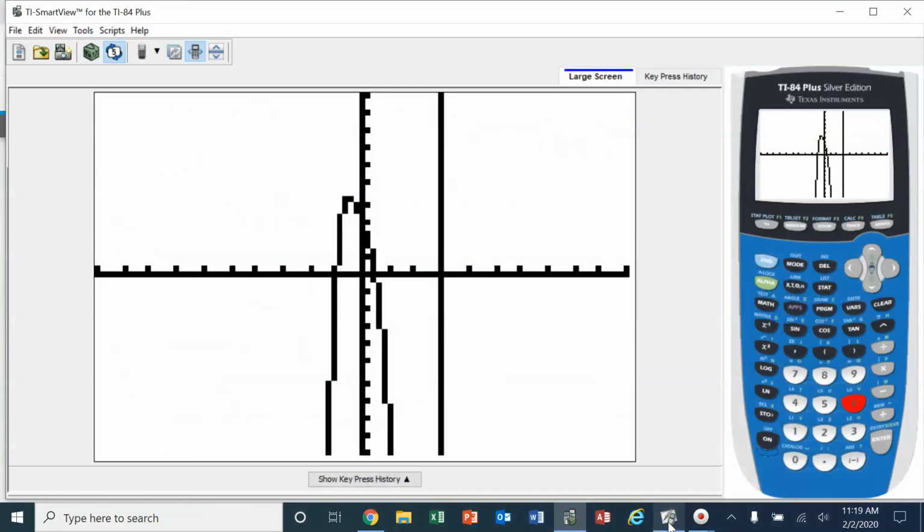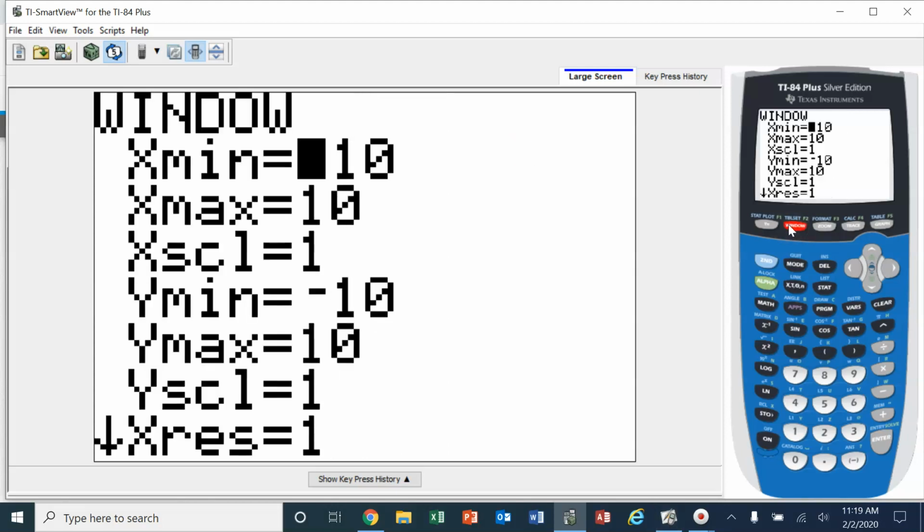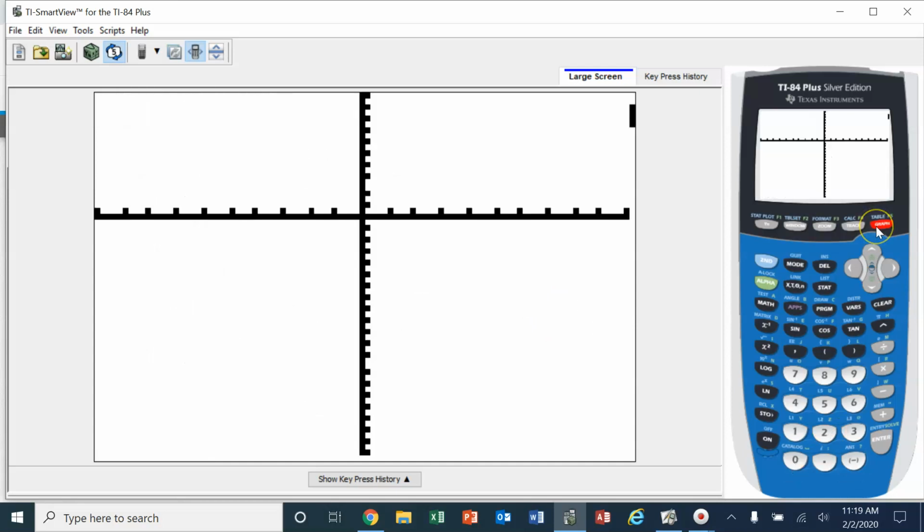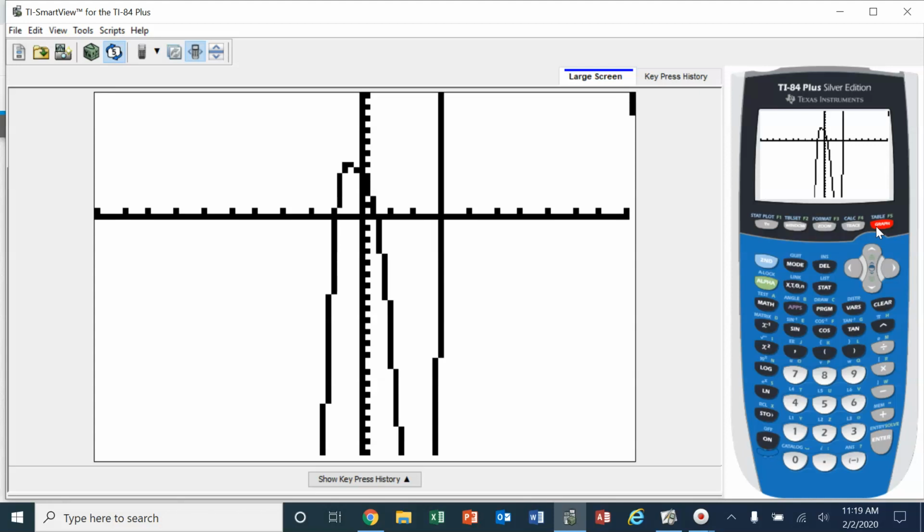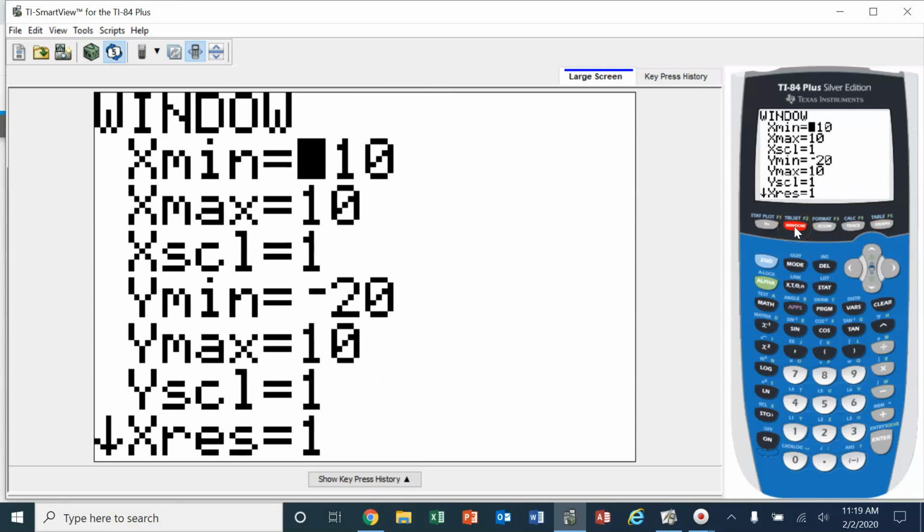It looks like I need to adjust my screen. My Y minimum looks like it's way down below. So I'm going to change my Y minimum. Let's try -20 and see if that works. Not quite. I'm going to change my Y to -40.